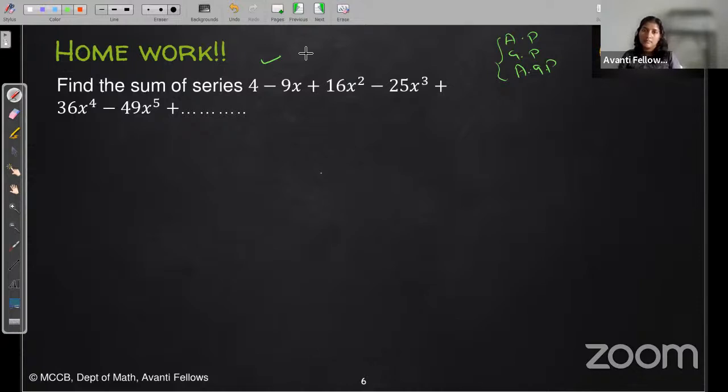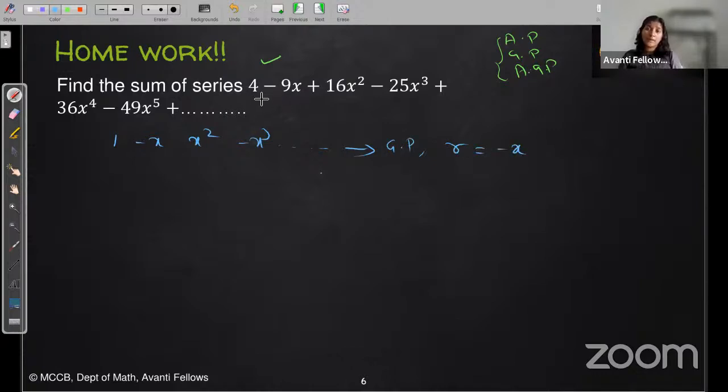Yes. JP Bhandari, Kripa, do answer in the chat box, okay? Well, when you observe the series, what are the extremes that you find? The extremes that you find are 1 minus x squared minus x cubed, and so on. You can observe that this is in GP with a common ratio equal to minus x.